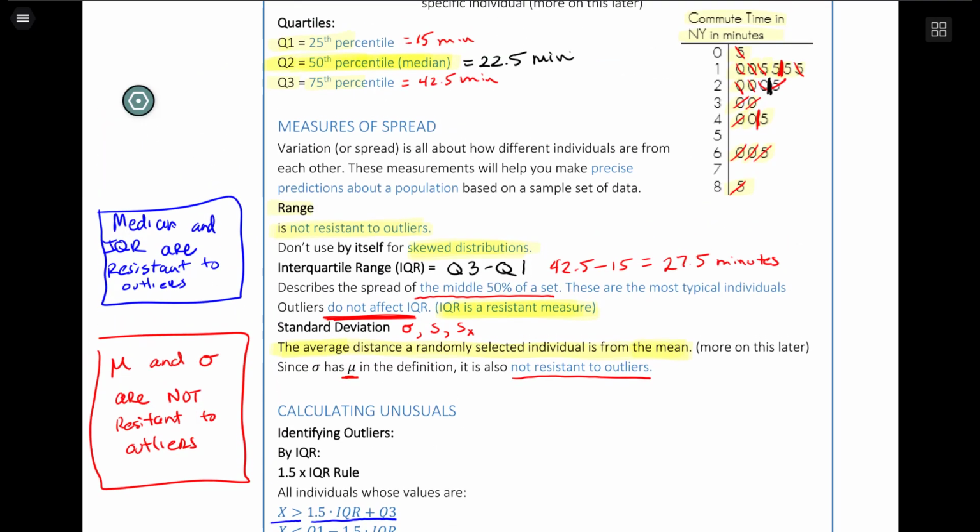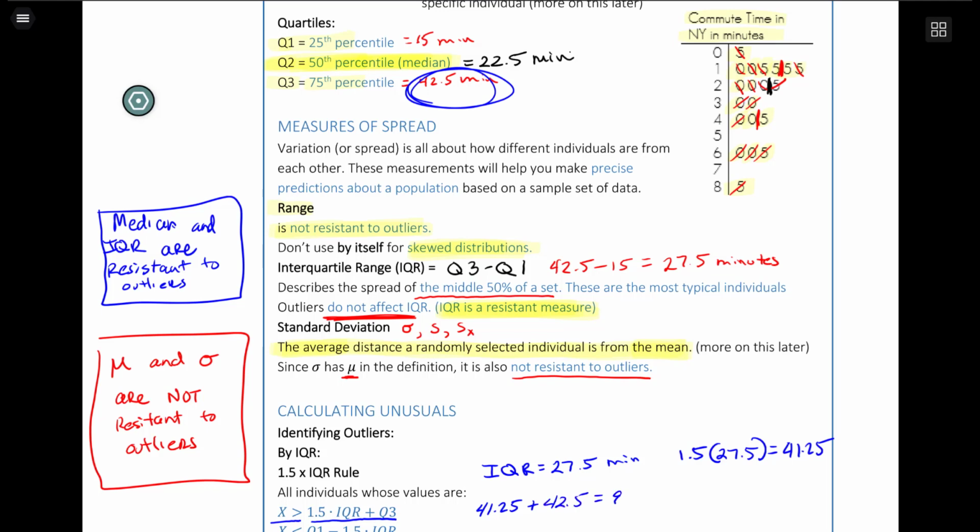Okay? In our example, our IQR was 27.5 minutes. 1.5 times that IQR is going to give us 41.25. So we take that 1.5 times the IQR and we add to that quartile 3. So 41.25 plus my quartile 3. My quartile 3 was up here. That was my 42.5 minutes.